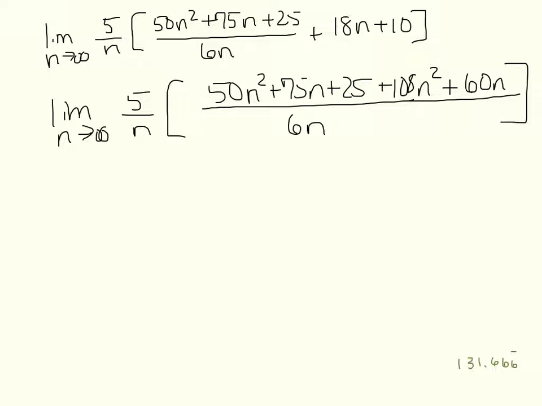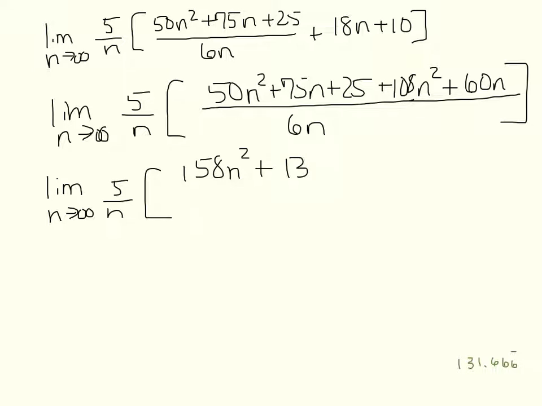And it looks like we can combine some like terms. So I have 108n squared and a 50n squared, so 158n squared. 75 and 60 is 135n, plus 25 all over 6n. And now it's about time to go ahead and distribute that 5 over n inside the parentheses here.